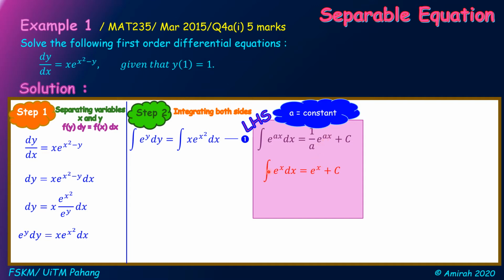So integration of ex dx is ex plus c. Now we have integration of e the power of y dy. We replace x by y, so we have e the power of y plus c. Now we are done integrating left hand side. After that, we can substitute into equation 1.